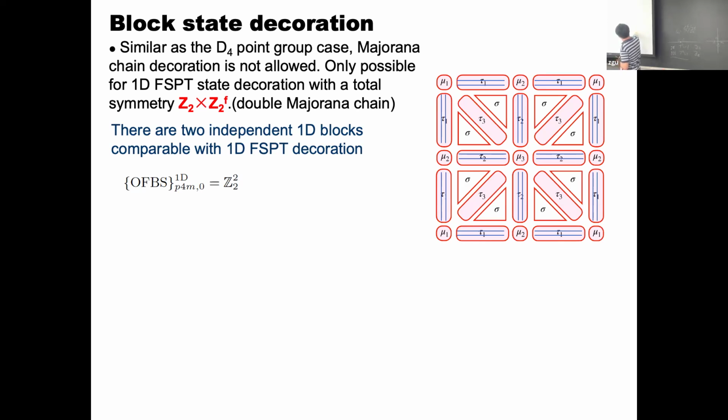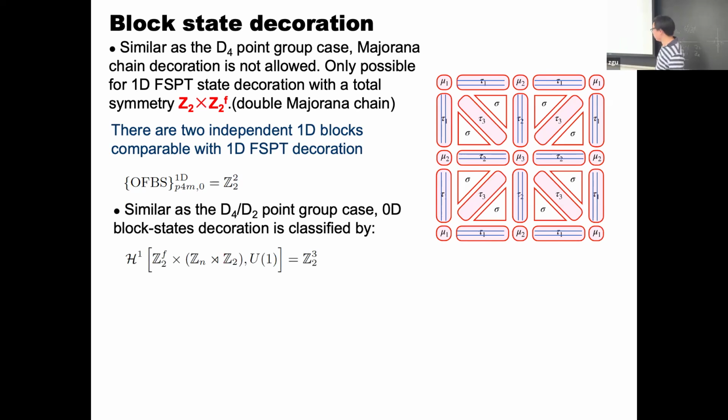However, if we decorate both vertical and horizontal, remember our argument: if we decorate 8 for this D4 case, it's trivial. But here, if we decorate 4 for the D2 case, again it's trivial. So it's allowed, but there's nothing non-trivial here. That just means we decorate mu1 and mu2 together. It's a non-trivial decoration, so now we get this Z2 squared classification. Okay, so that's all the allowed independent 1D block decorations.